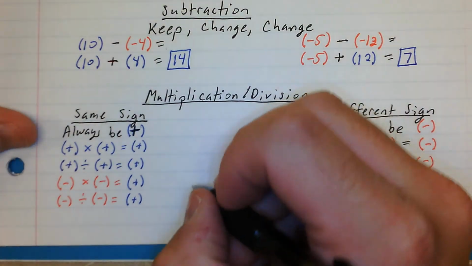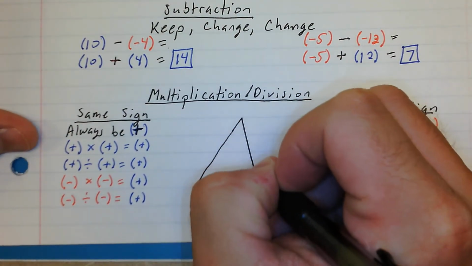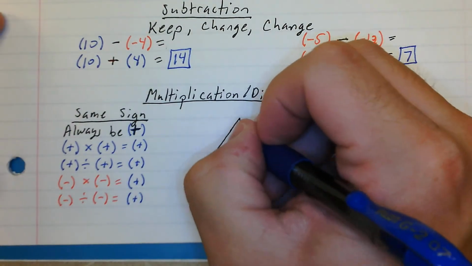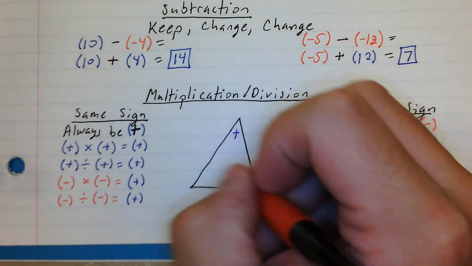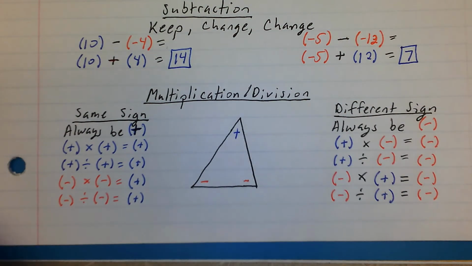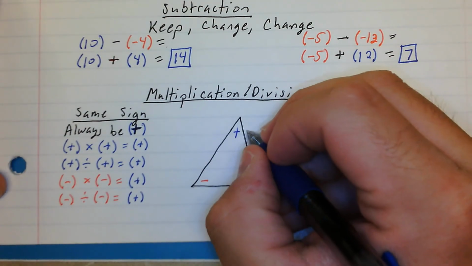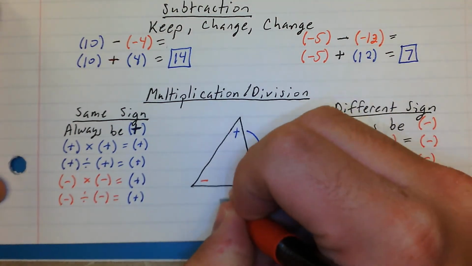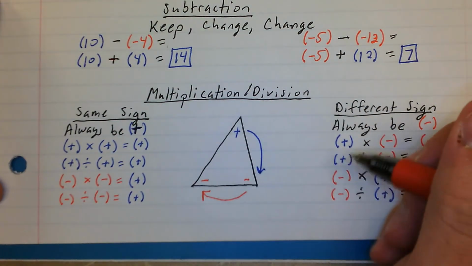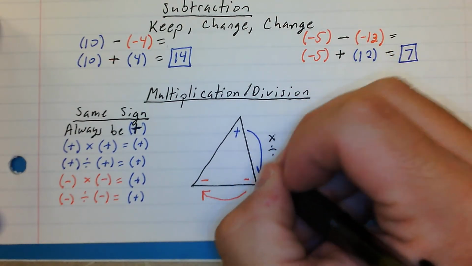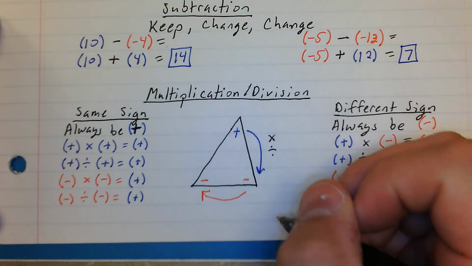So some of y'all might remember this better. You might remember the triangle. They might have taught y'all this last year. Positive at the top, negative in the bottom corners. If you multiply or divide a positive by a negative, my answer is negative.